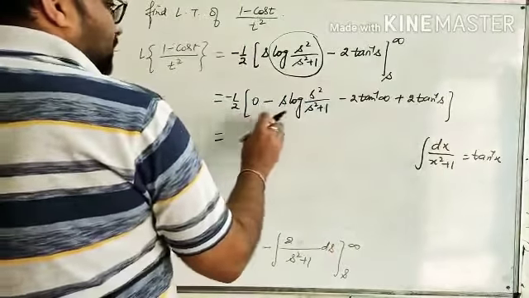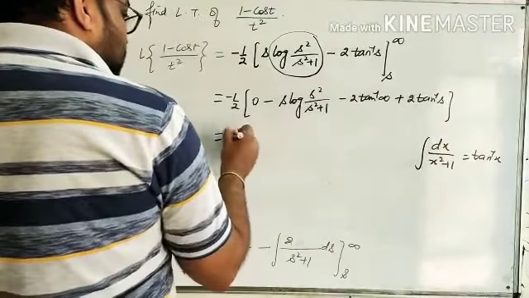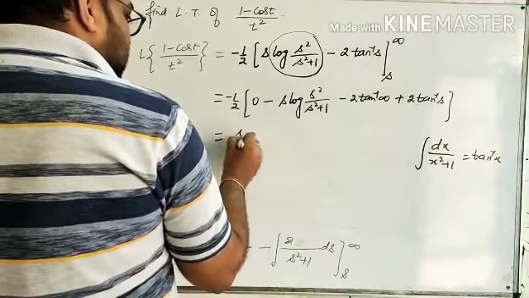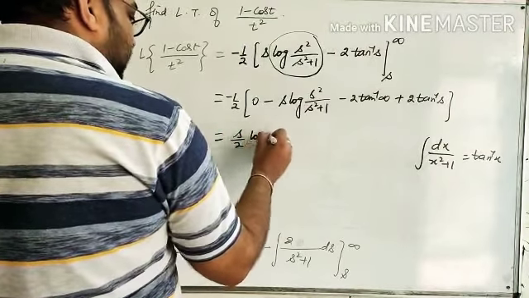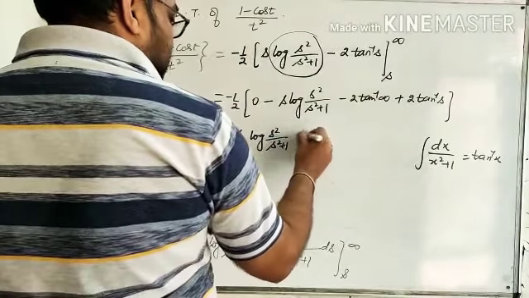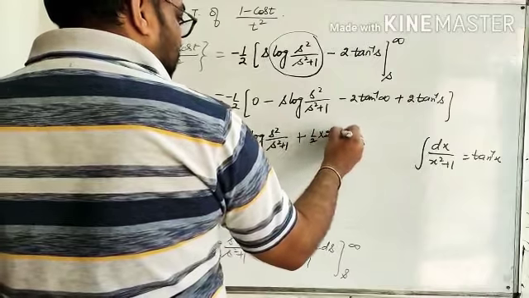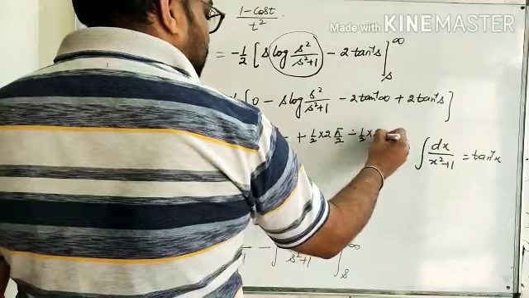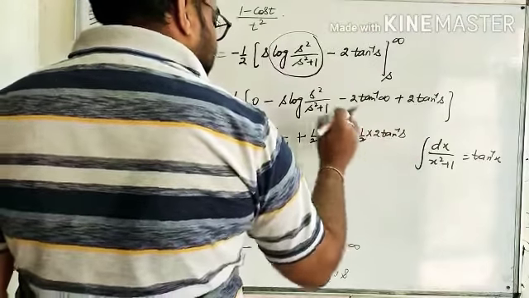So the value of tan inverse infinity is pi by 2, and taking minus 1 by 2 inside this bracket, this is s by 2 log s square upon s square plus 1 plus 1 upon 2 into pi by 2 minus 1 upon 2 into 2 tan inverse s.